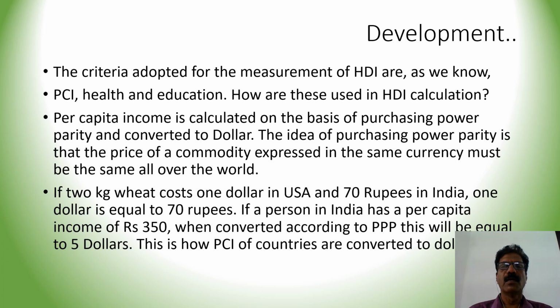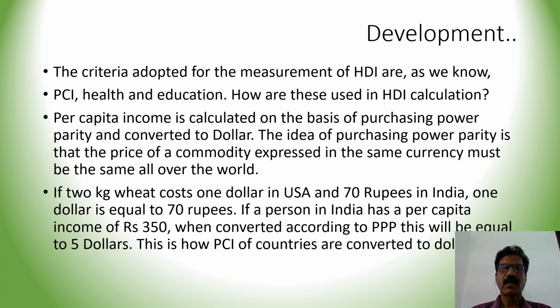The criteria adopted for the measurement of HDI are, as we know, per capita income, health, and education. How are these used in HDI calculation? Per capita income is calculated on the basis of purchasing power parity and converted to dollar. The idea of purchasing power parity is that the price of a commodity expressed in the same currency must be the same all over the world.